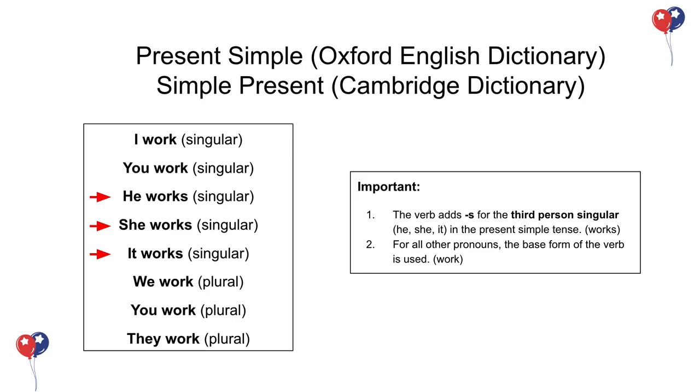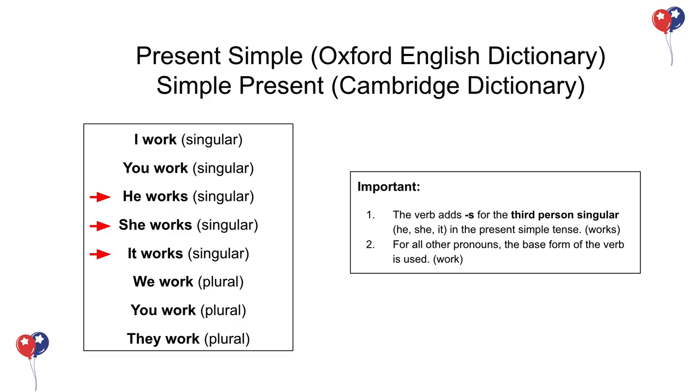And the verb, depending on the rule, adds es at the end, or ies. But in this case, he works, she works, and it works. It adds the s because the verb ends in k. Work, right?